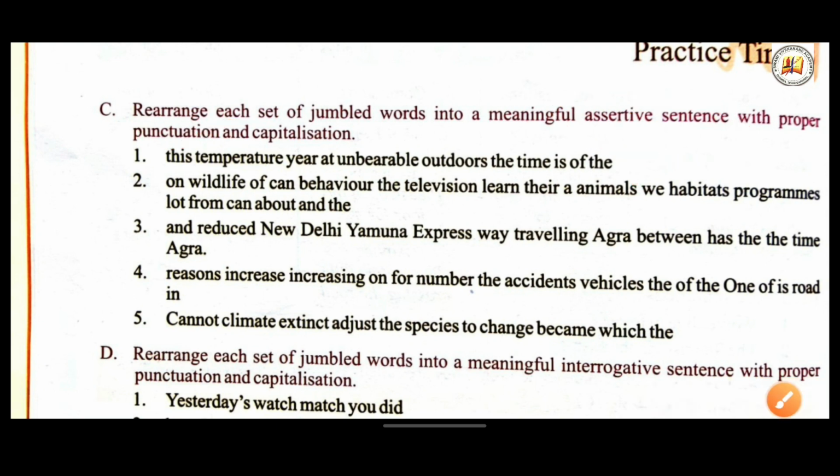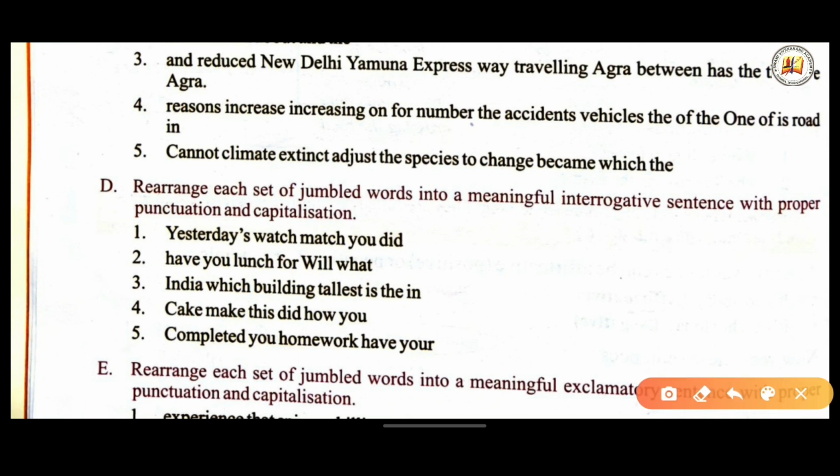And question number D: rearrange each set of jumbled words into a meaningful interrogative sentence with proper punctuation and capitalization. So this is the same kind of question. The order has totally changed here and it is not a meaningful sentence. So first of all, we have to change this order, and thereafter we have to make it an interrogative sentence.